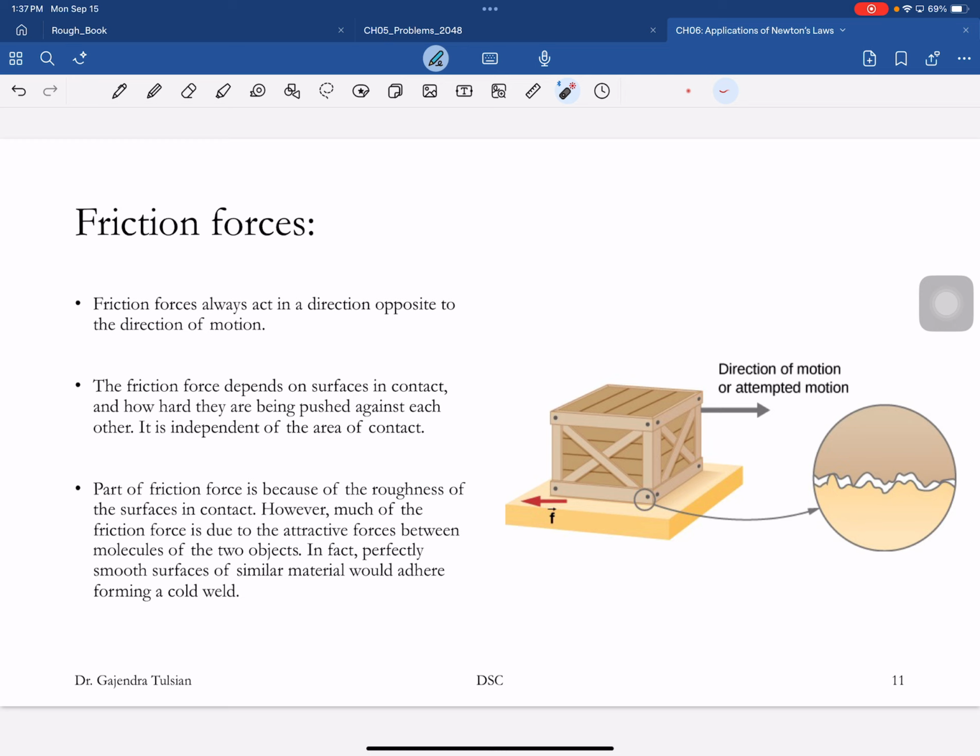Okay. What happened to the kinetic energy of the object? It got turned into heat. Okay, so friction forces are called dissipative forces. It dissipates mechanical energy. Okay.